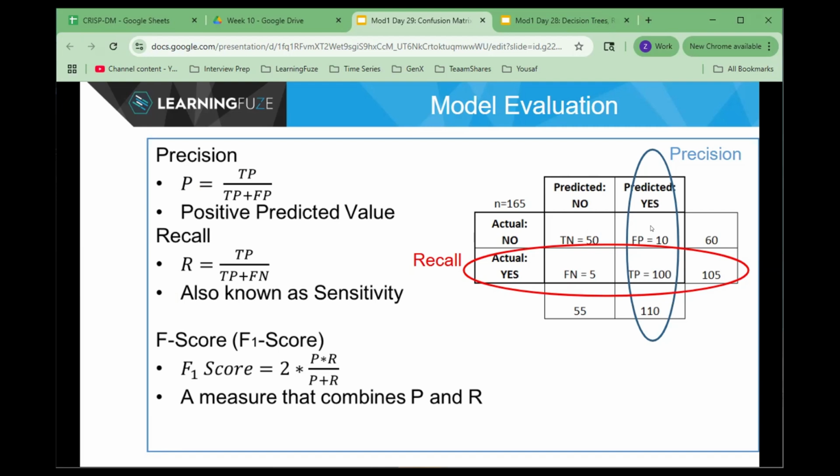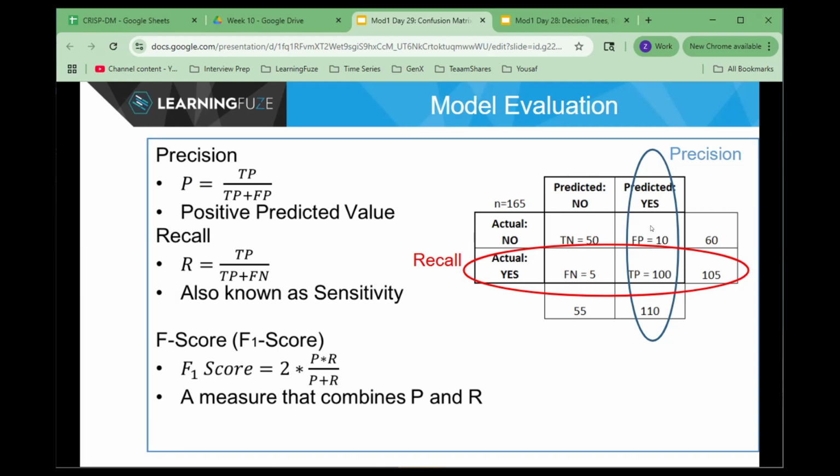Recall measures, out of all of the actual yeses, the percentage of the time that your algorithm finds them. Excellent. So recall is basically how many times did your algorithm predict correctly the actual yeses? Does that make sense?